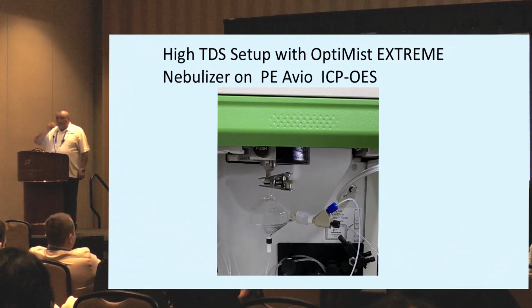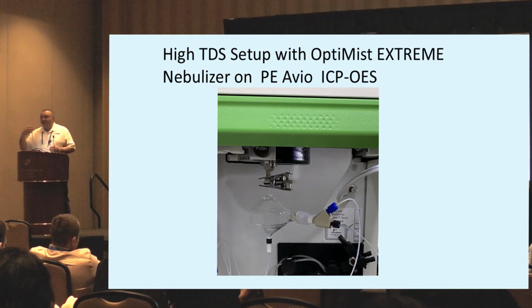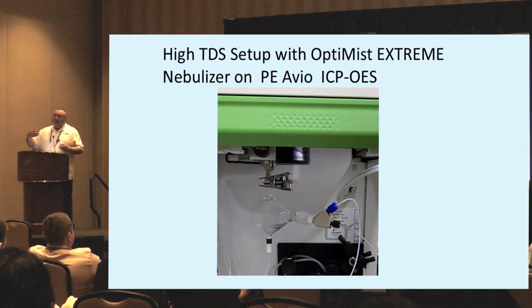So we did it with PerkinElmer as well, without additional gas. And here you can see in the picture the Optimist Extreme nebulizer, that's made from PEEK. When we got contacted, this customer would not run a single sample of DEF per day.